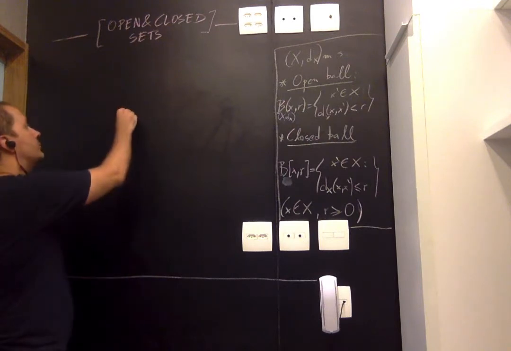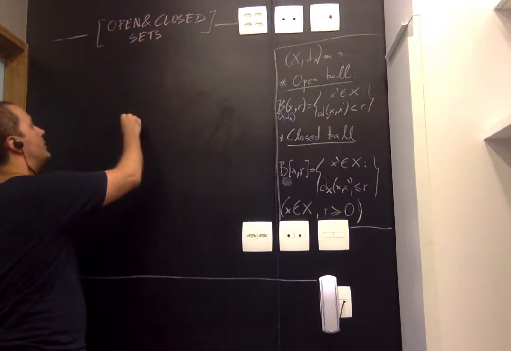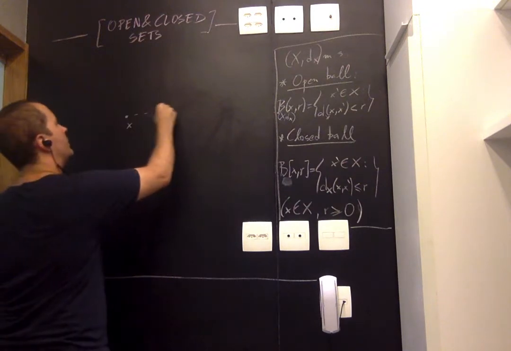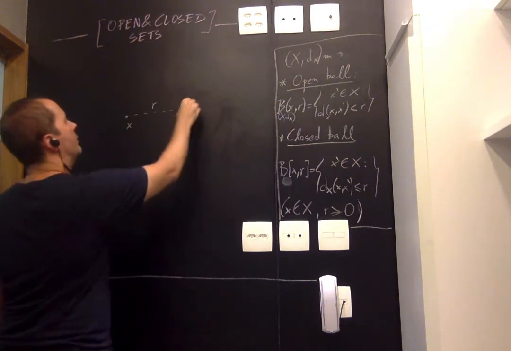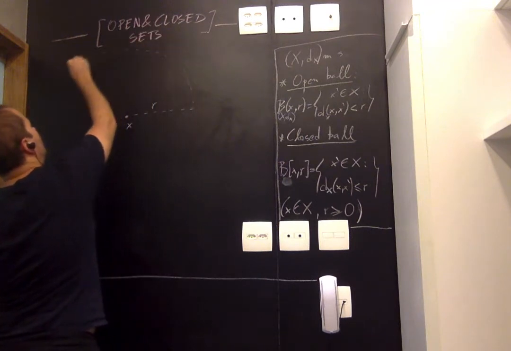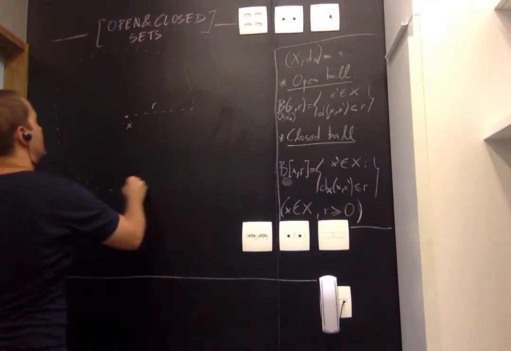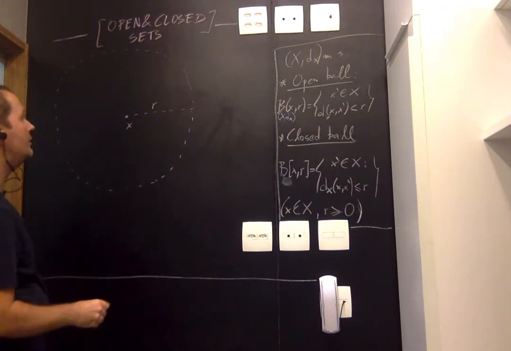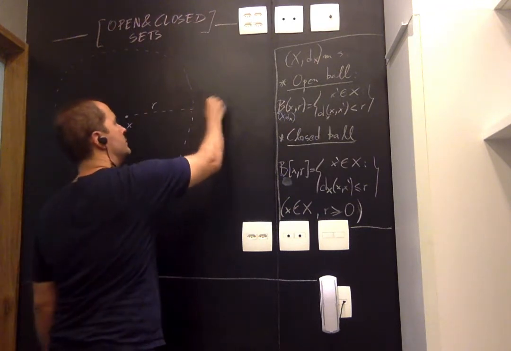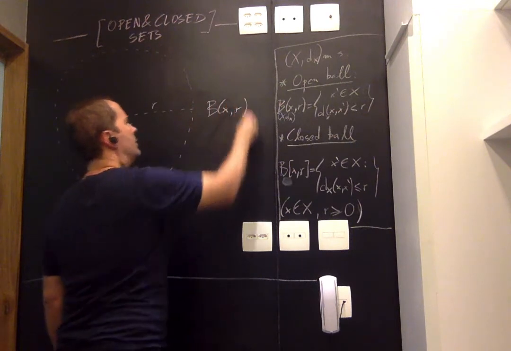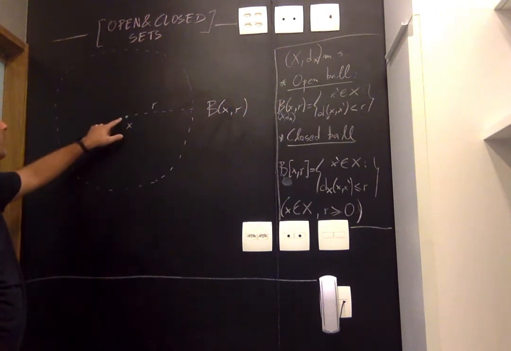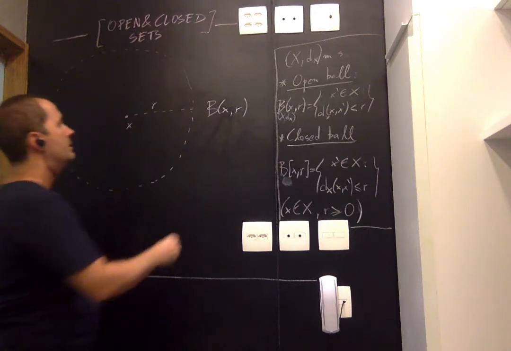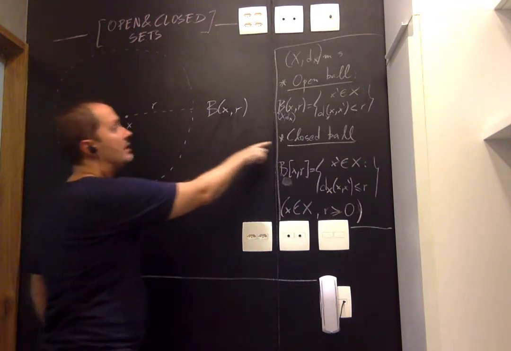Clearly it comes from ordinary geometry. If you have a point in the plane, that's your little x. If I give you a certain radius, we all know what the set of points within distance r from x looks like. Let's talk first about the open ball. I'm talking about the set of all points within the Euclidean distance r from x, excluding the points at distance equal to r.